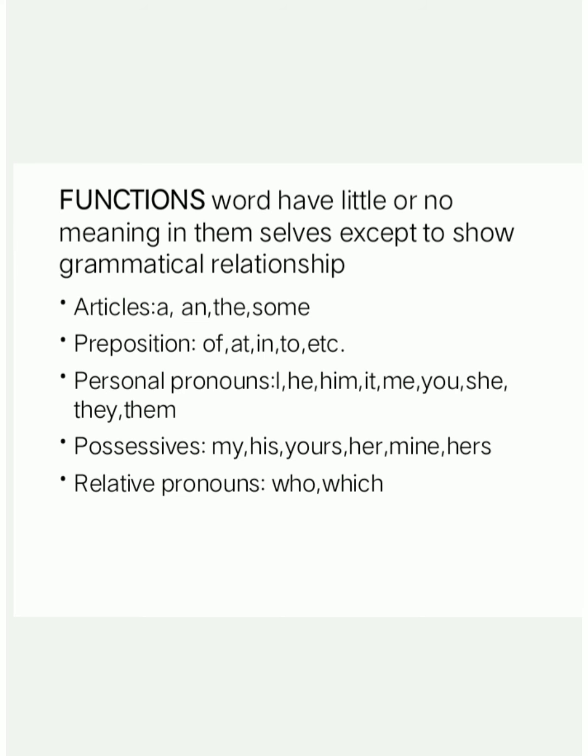Function words have little or no meaning in themselves except to show grammatical relationship. They include: number 1, articles: a, the, some. Number 2, prepositions: of, at, in, to, etc. Number 3, personal pronouns: I, he, him, it, me, you, she, they, them. Number 4, possessives: my, his, yours, her, mine, hers.